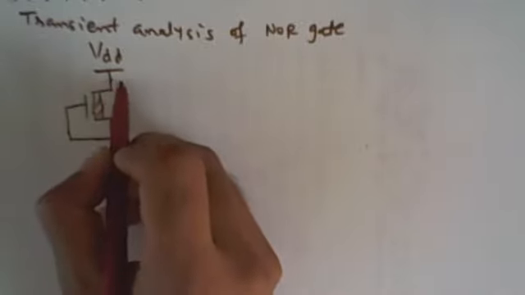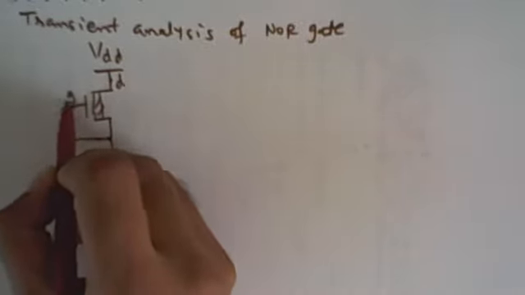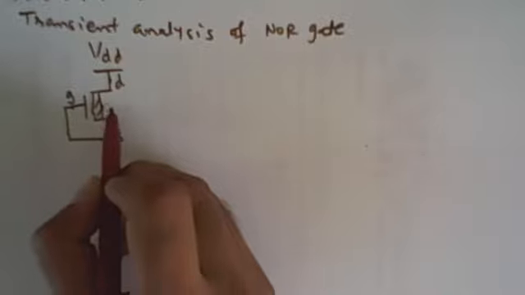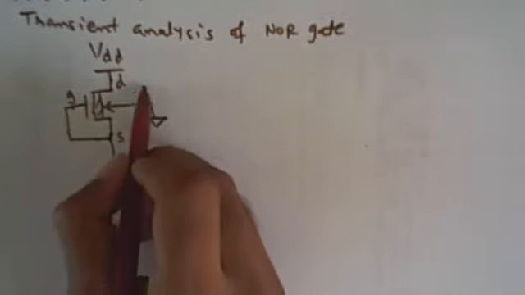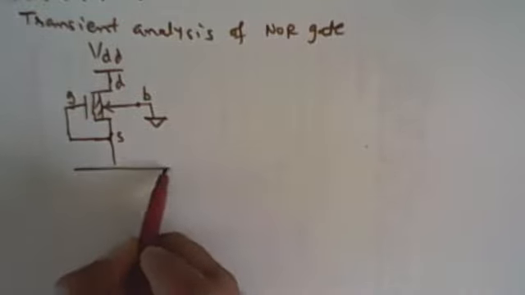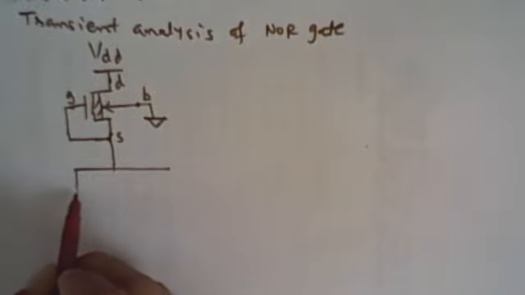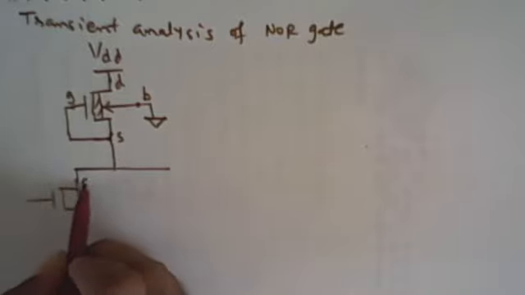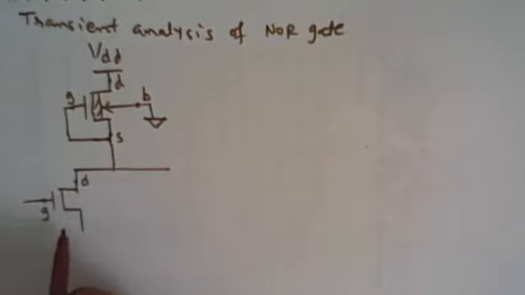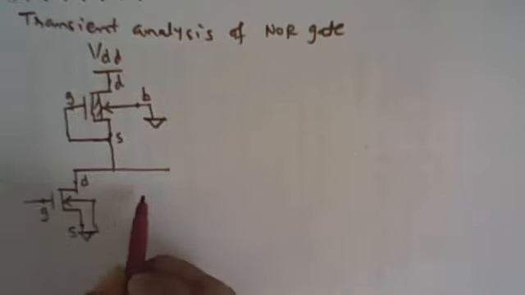So this is the drain terminal, this is the gate terminal, and we have the source terminal, and the bulk is connected to ground. So this is the bulk terminal, and we have two driver MOSFETs, and both are enhancement type. So this is the drain terminal of the MOSFET, gate, source, and bulk is connected to ground.